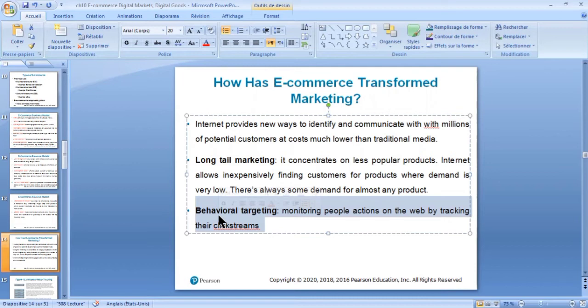Most major websites track people's clickstream behavior by following them from one website to another, and they retarget advertisements by showing them the same advertisements on different websites. Meaning when you become interested in something specific, from site to site the same advertisement keeps following you. So this is what we call behavioral targeting.